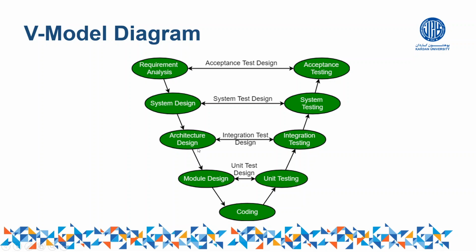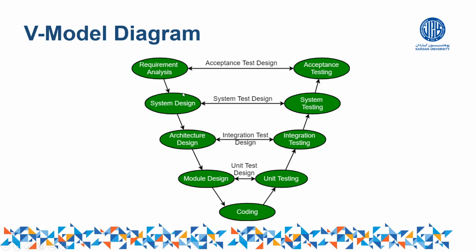And from there onwards, the module design, the low level design, is produced. Remember that in this low level design, the data structures are identified, all the algorithms are identified, and at the same time the unit test design is also produced in this phase.